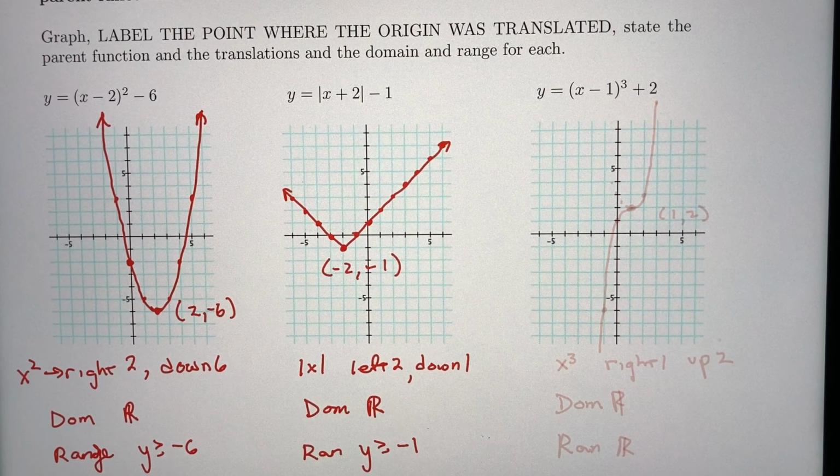Okay, this is x cubed, right 1 and up 2. So I'm going to plot a point, right 1 and up 2. That is the point (1, 2). And then cubing goes up 1 and then like up 7 more. So it's a lot like, can you go down 7? Let's see, yeah.